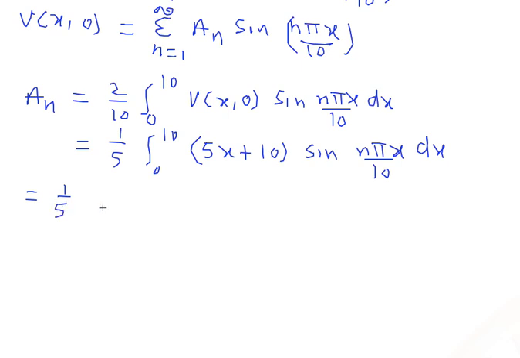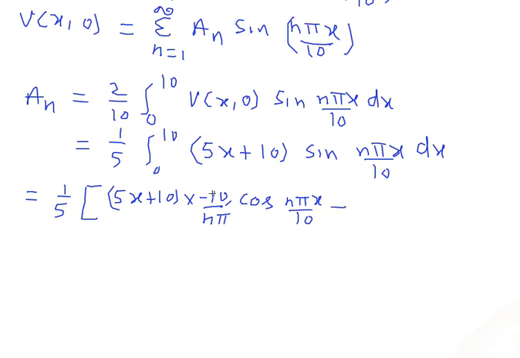Taking this out, 5x plus 10 is the first part, and the integral of sine is minus 10 over n pi times cosine, and minus the differentiation of the first, so plus 5 into (10 over n pi) whole squared, and sine(n pi x by 10), with limits from 0 to 10.